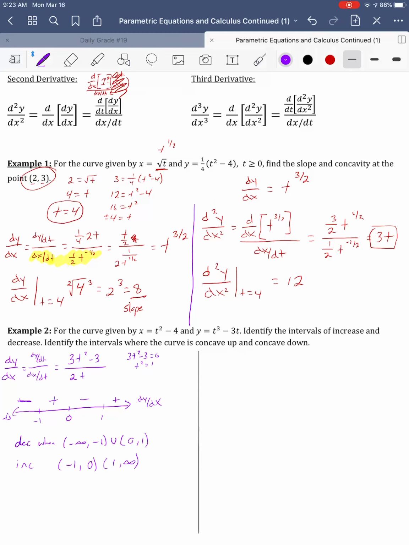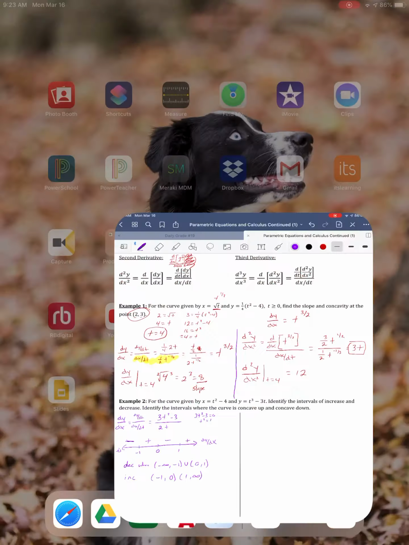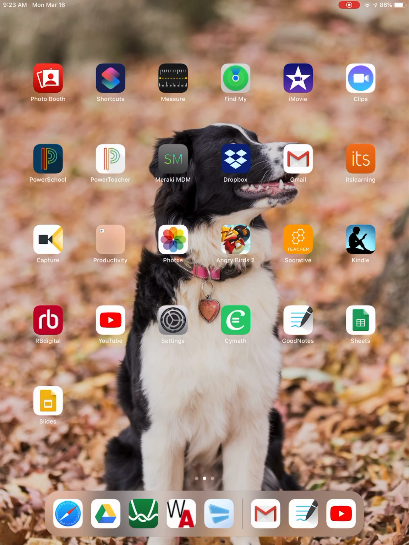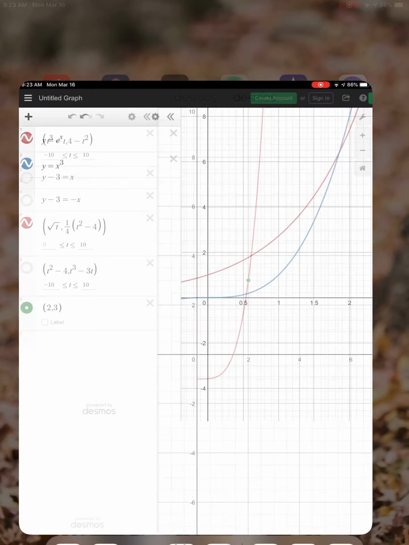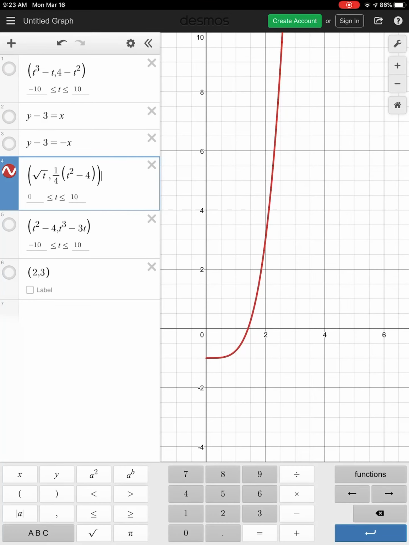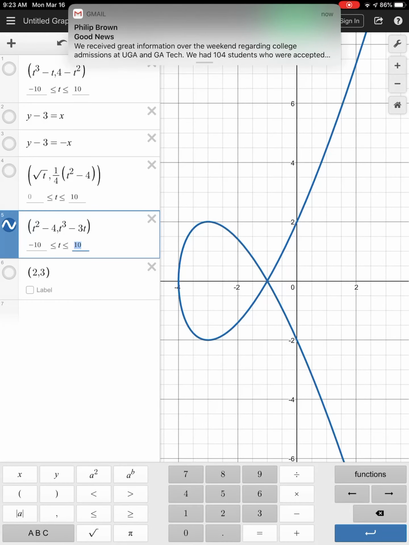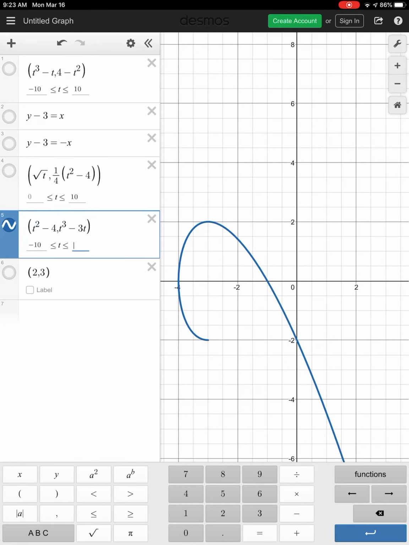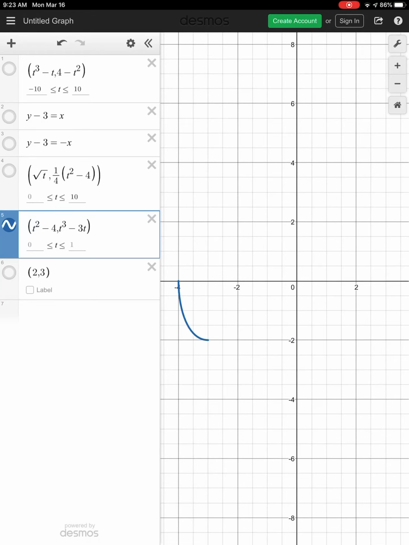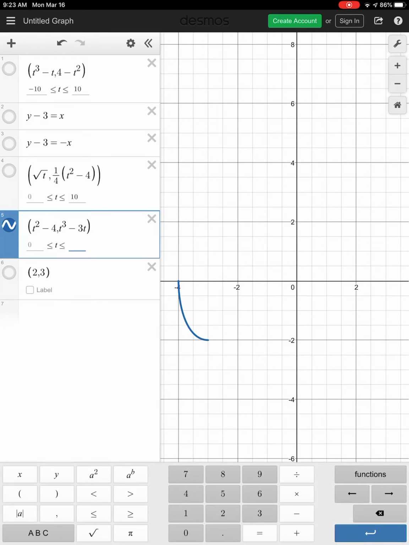I would really advise you to go and graph this in your graphing calculator. I don't have a way to show you that from the TI perspective here, but as you graph it, let's just look at where it said it's increasing.